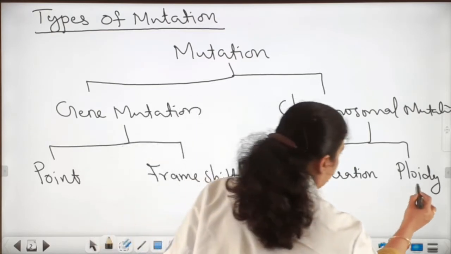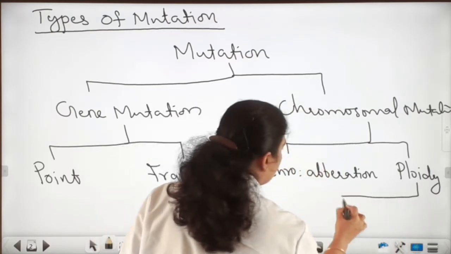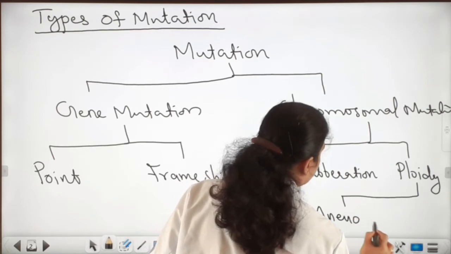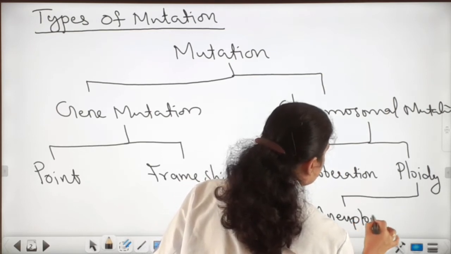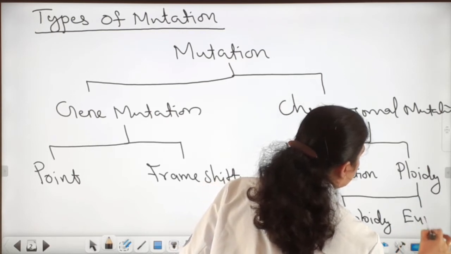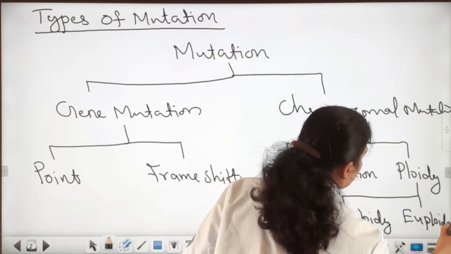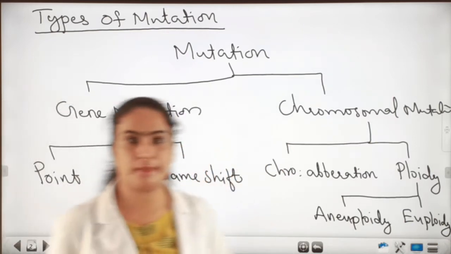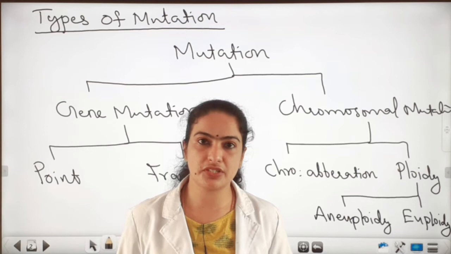And this ploidy is again classified into two: aneuploidy and euploidy. These are the different types of mutation. Is it clear about the types of mutation?